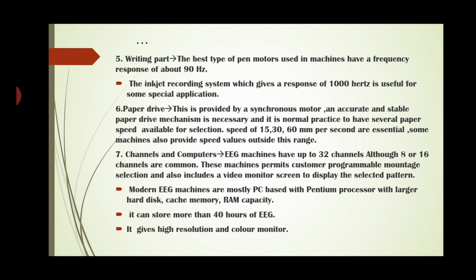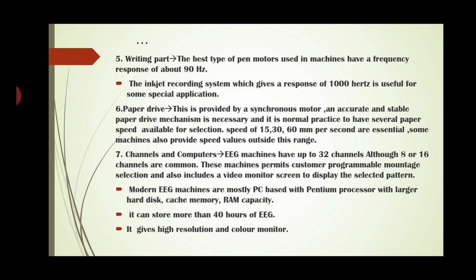An accurate and stable paper drive mechanism is necessary, and it is normal practice to have several paper speeds available for selection. Speeds of 15, 30 and 60 mm per second are essential. Some machines also provide speed values outside this range.